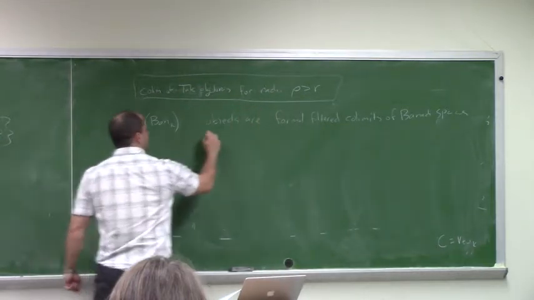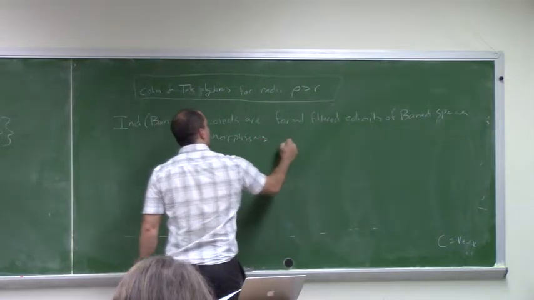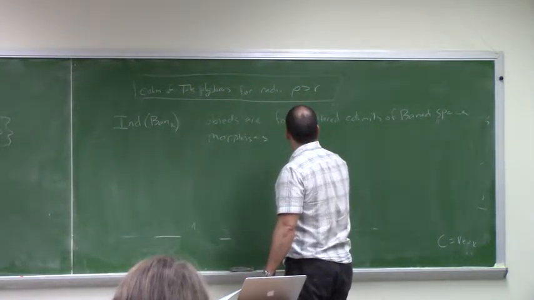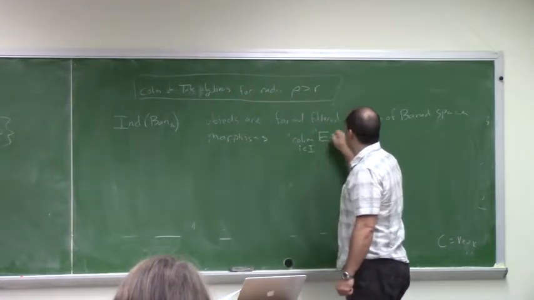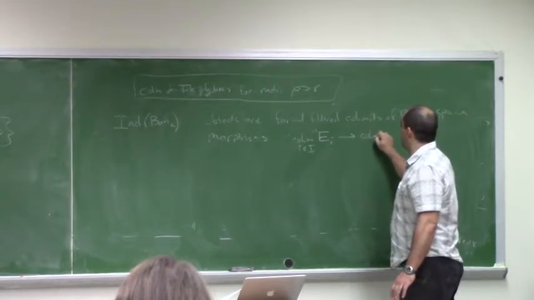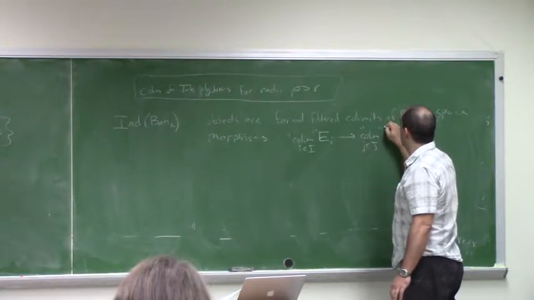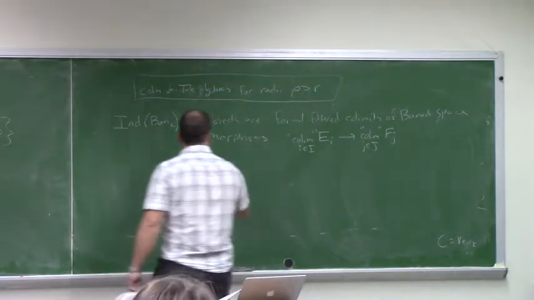Wait, maybe I should say the morphisms of two guys. These index sets have nothing to do with each other. These are morphisms of presheaves.